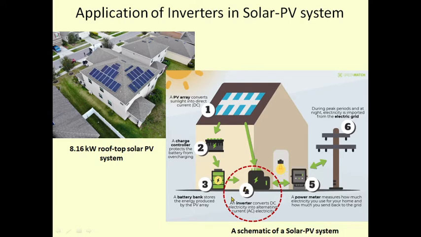Then this DC is converted into AC using an inverter to give power to the AC loads in our homes, tube lights, bulbs, the AC and other appliances. The surplus amount can be fed back to the grid.